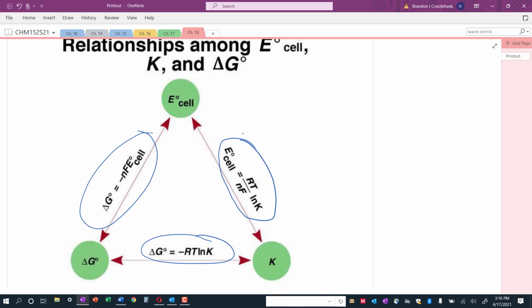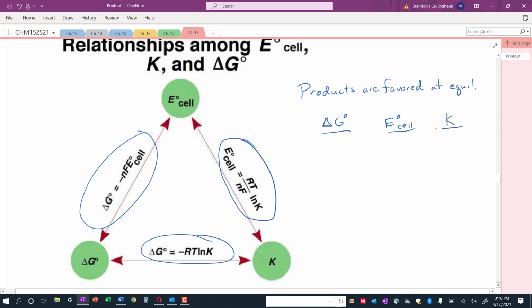Make sure you know the sign conventions and magnitude, because let's just do one more. If we have a system where products are favored at equilibrium, what are our signs for delta G, cell potential, and what is the magnitude of our equilibrium constant?